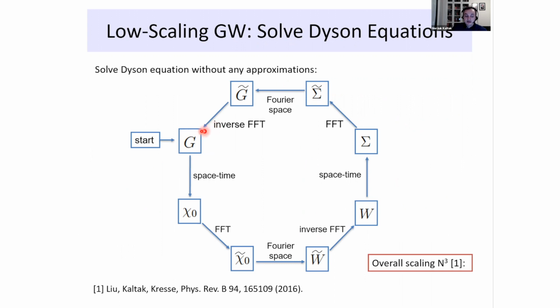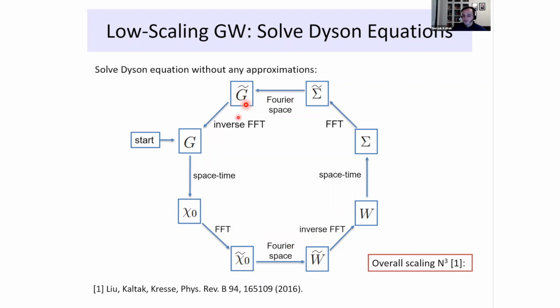I've discussed that already, but I'm going to do it again because it's actually illuminating how these steps work. First you start with G, the Green's function, as a first guess, perform the space-time product of two Green's functions to get the polarizability. Then after a fast Fourier transform to reciprocal space, solve for the screened interaction and go on, repeat, and update the Green's function.